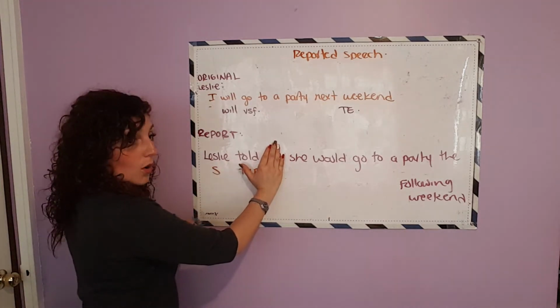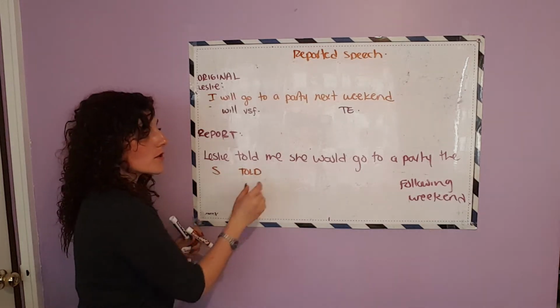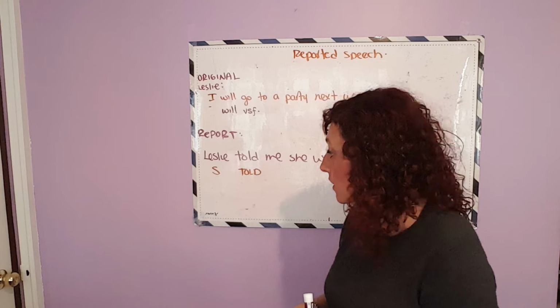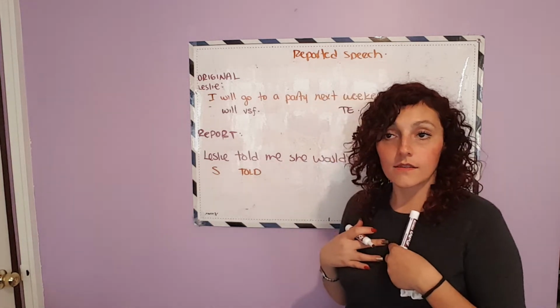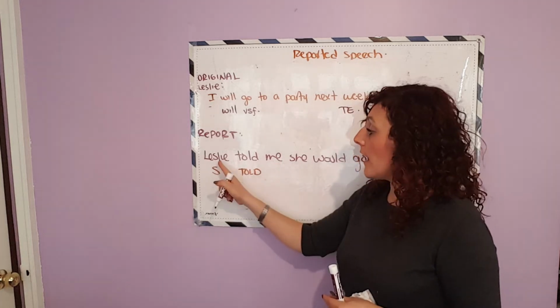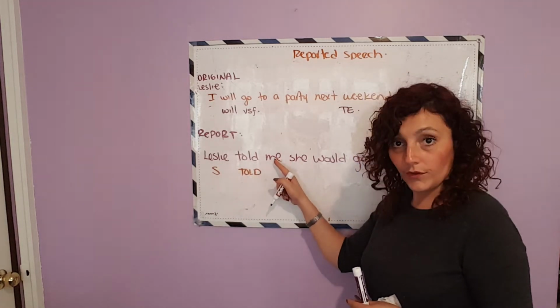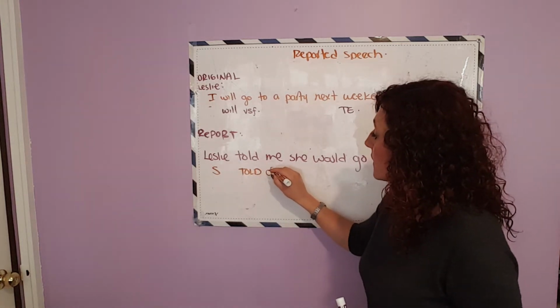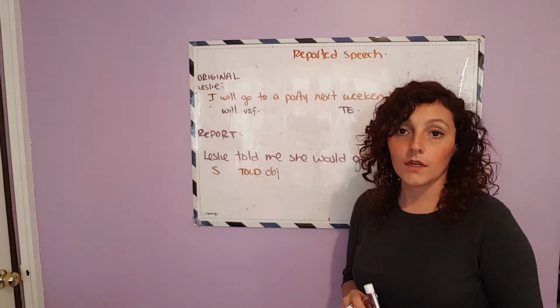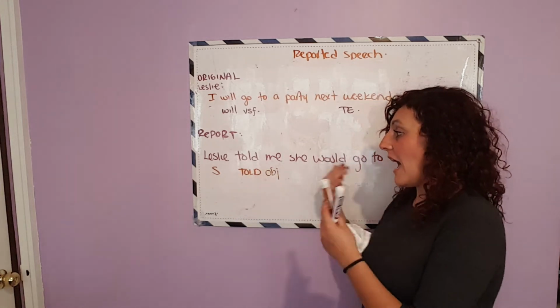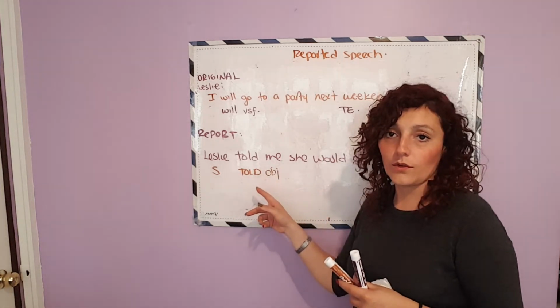If I use told, you must use the person that listened to this information. So, in this case, who received the information? Leslie's boyfriend. So, Leslie told her boyfriend, which is me. No, Leslie told me, and this is an object pronoun. Remember, object pronouns are those that go after the verb, okay?